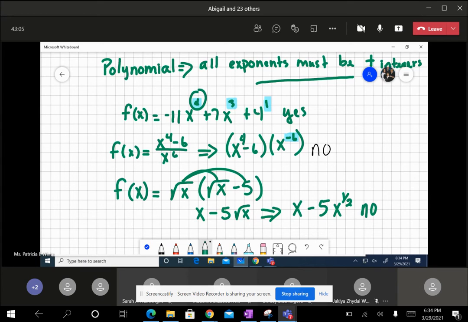Questions on that before I move on? Degree. For when it asks if it's degree, okay, so this one, you wouldn't say the degree because that's a no. If it's a no, you won't be giving the degree. The degree is always the highest exponent.